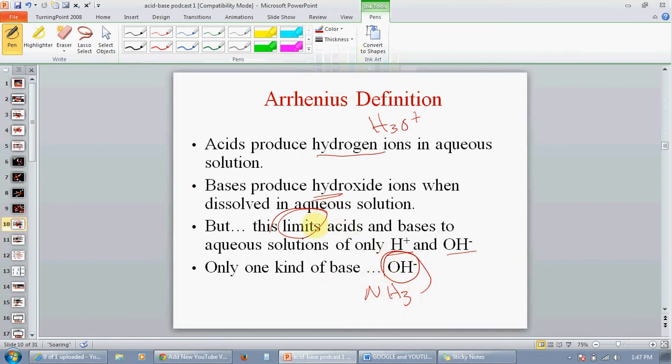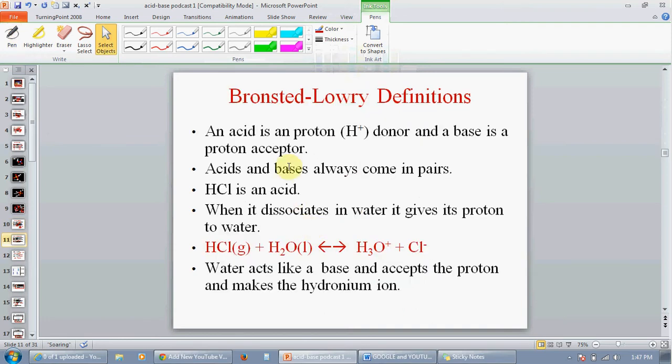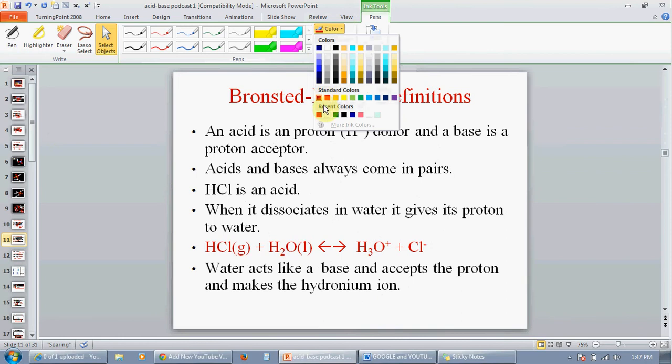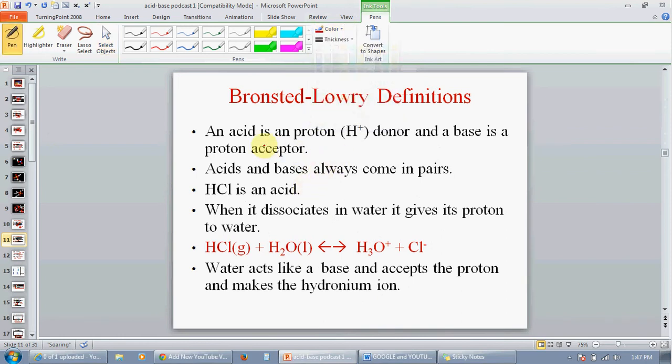So we needed to broaden our definition of acids and bases, and we do that with the Bronsted-Lowry definition. An acid is now determined to be a proton, or H plus donor, and a base is a proton acceptor, and they always come in pairs.